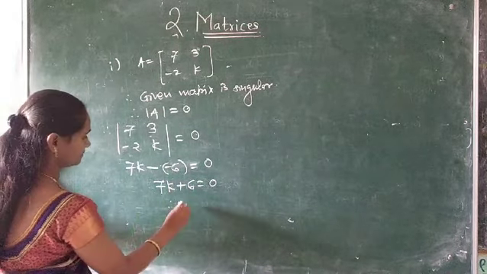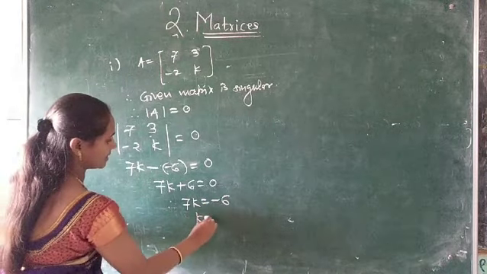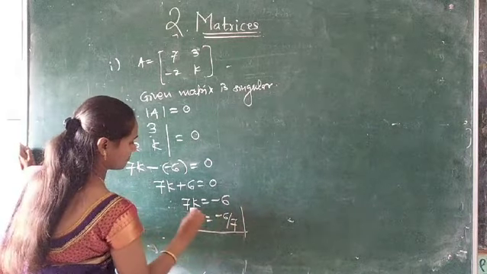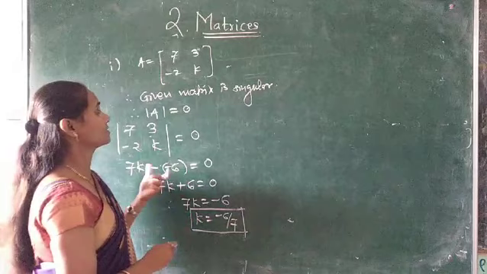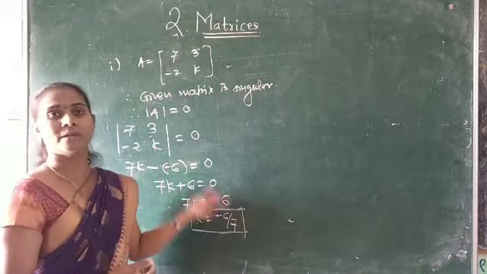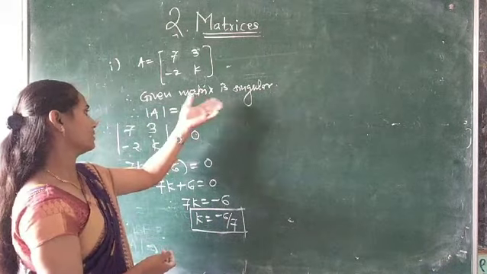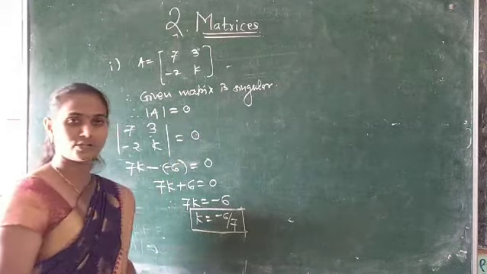Therefore, 7K is equal to minus 6 and K is equal to minus 6 upon 7. This type of example will be asked in the exam. If it is singular, then find the value of K. If the matrix is singular, then take its determinant as 0 and find the value of K.